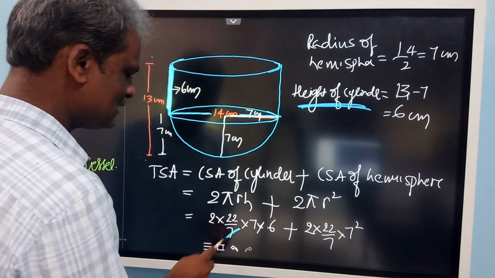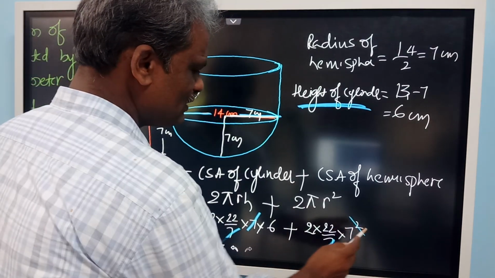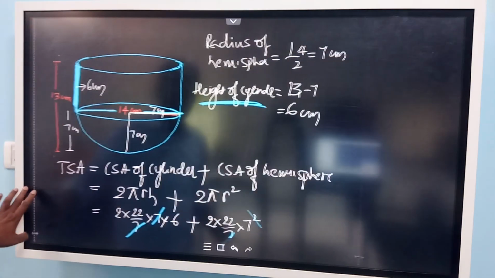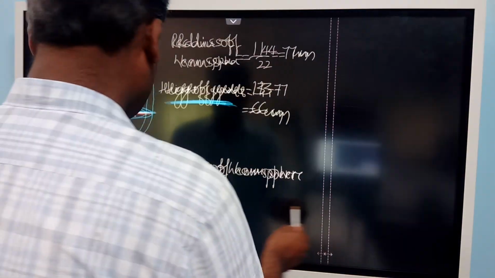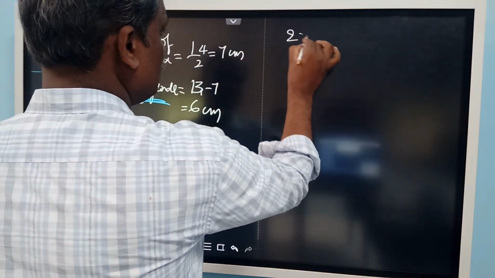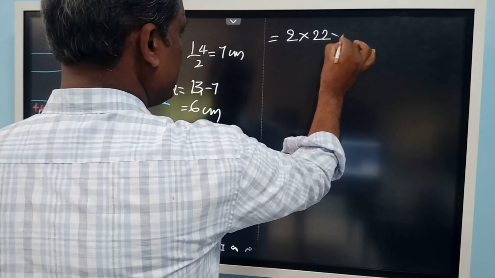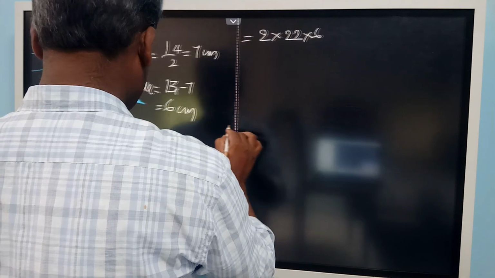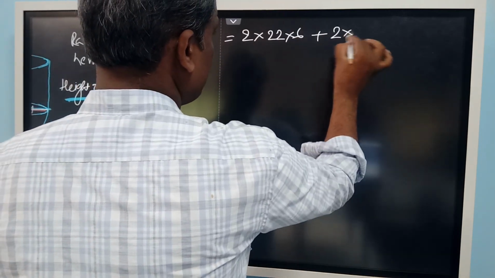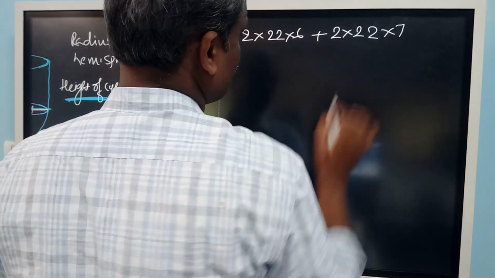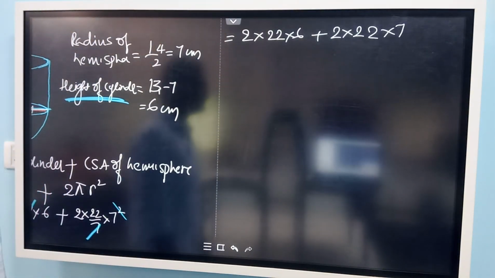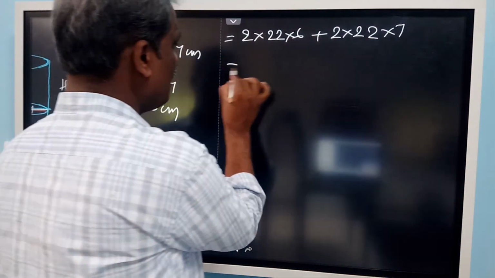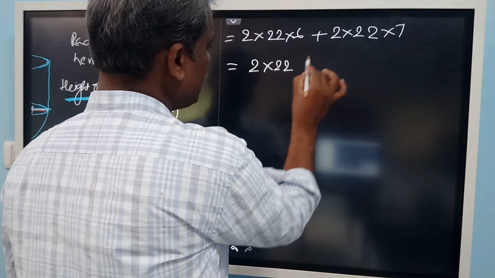You can cancel the 7 with the 7 square. Then what is left out you can write here: 2 into 22 into 6 plus 2 into 22 into 7. The easiest way here, take 2 into 22 common.